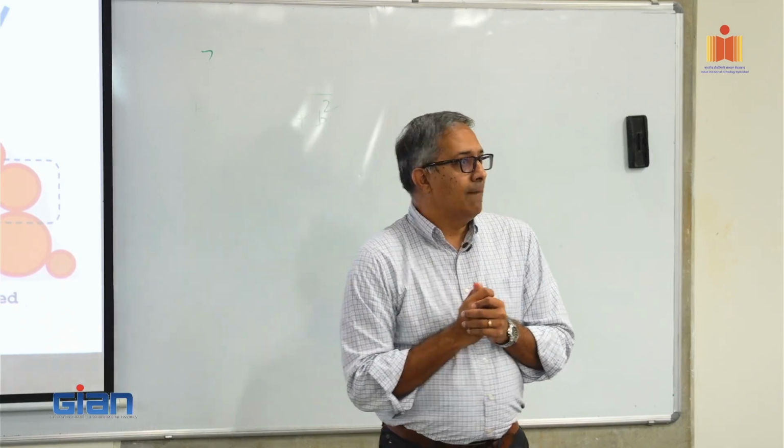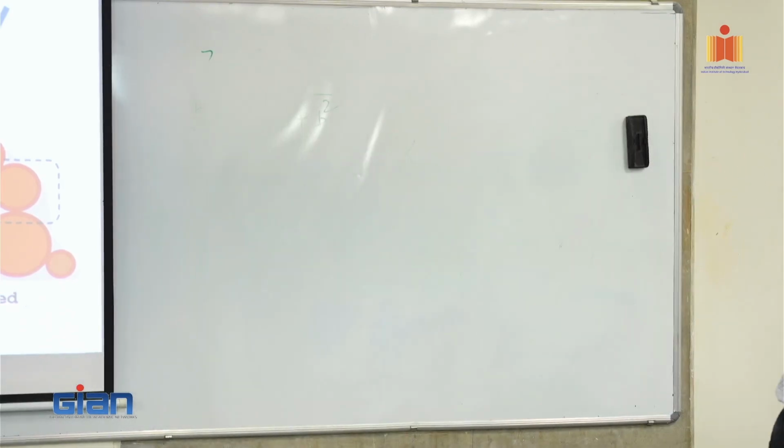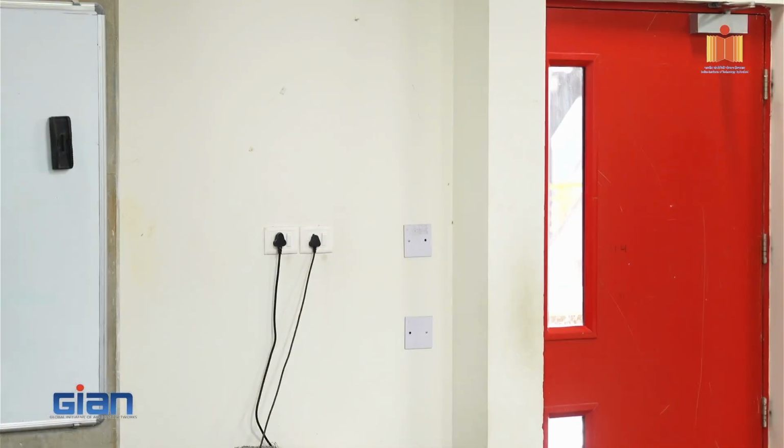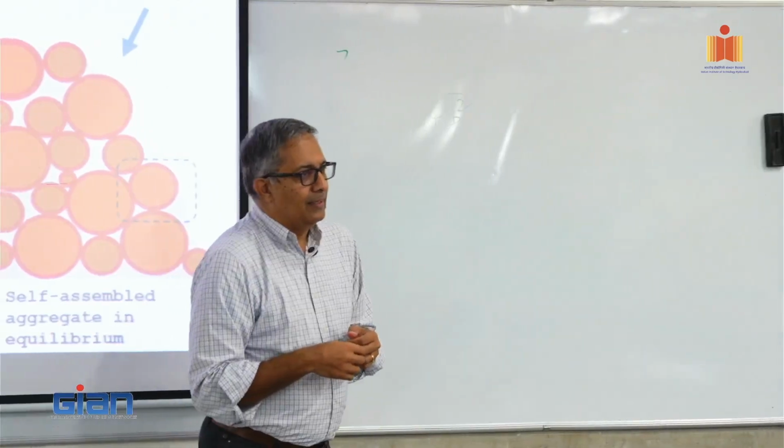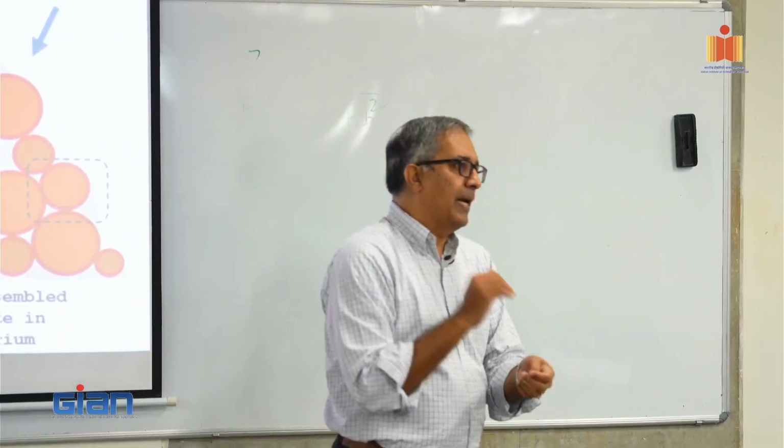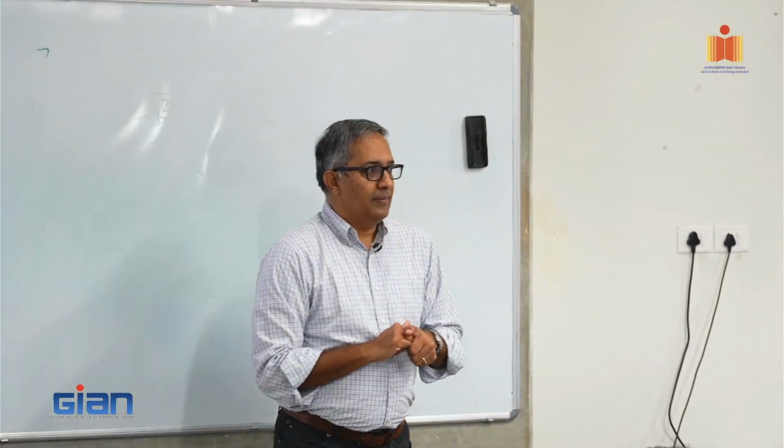Any other questions? With spheres, you can play these games. There are enough mathematical theories where you can maximize packing efficiency. But when you deal with irregular sized particles, sky is the limit.